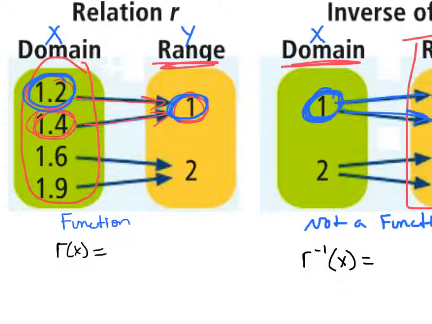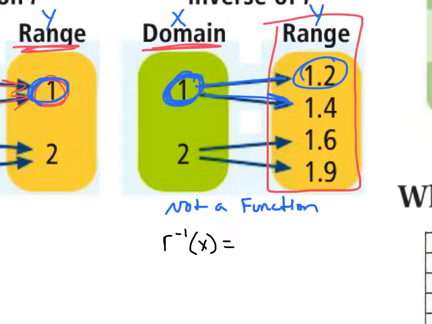It doesn't mean r to the negative 1 power times x. It means r inverse of x. It's the inverse of the r function.